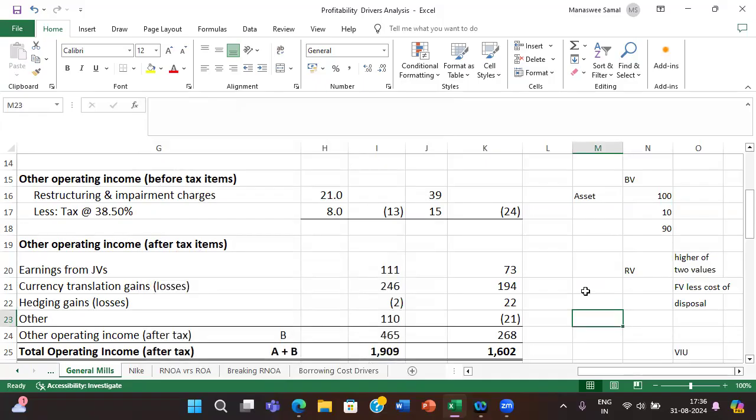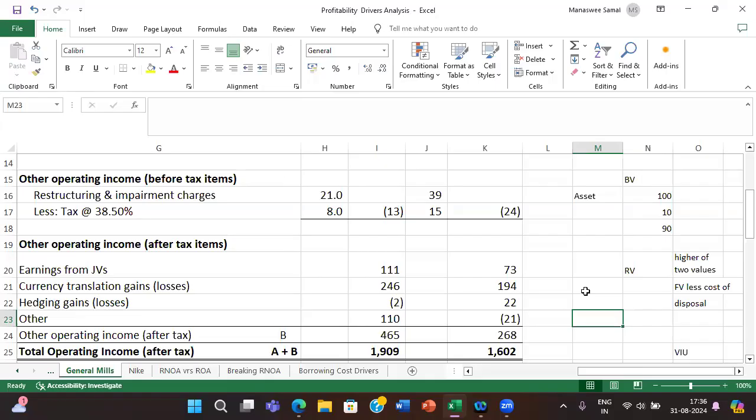So the question is, if you have an asset, think like a business person. If you have a business asset, what are the two ways you'd like to get value from that asset? One way out: today I will sell the asset, and net of selling cost, there could be some cost of disposal of the asset.